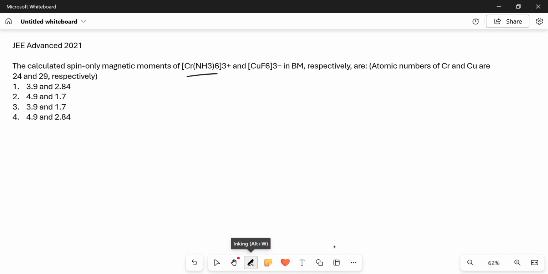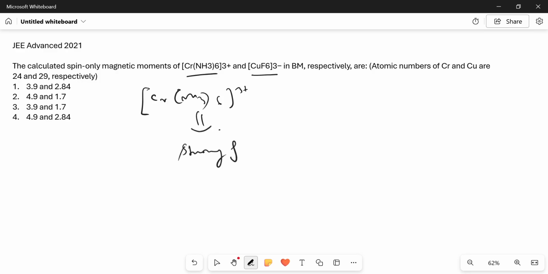Before doing this question, first you have to notice what kind of ligand is there. Is it a strong field ligand or a weak field ligand? So for complex 1, [Cr(NH3)6]3+, NH3 is a strong field ligand.